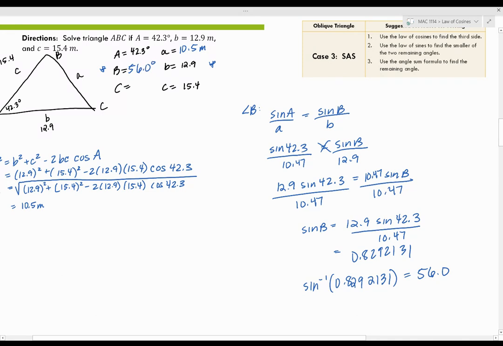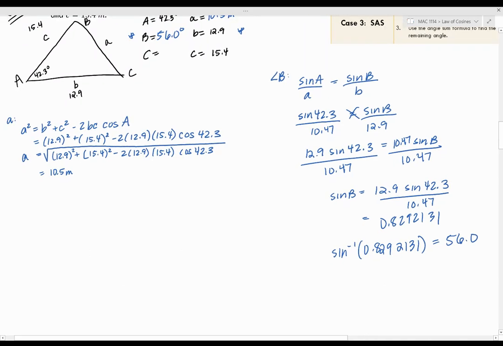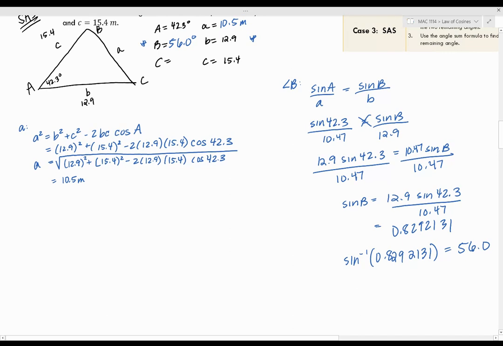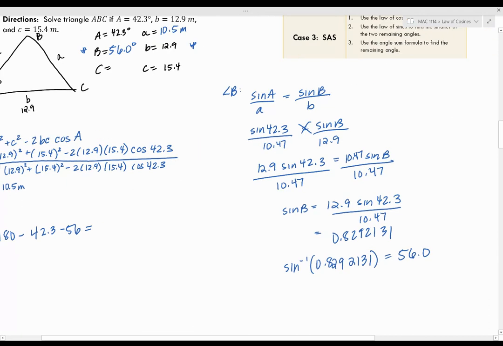The only thing left to find is angle C. Since we already have our other two angles, I can say 180 minus 42.3 minus 56, and that will give me my third angle.